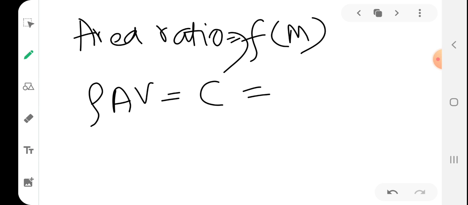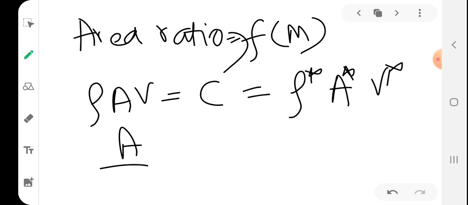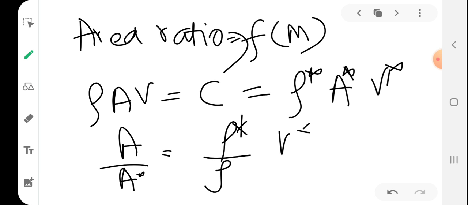So it can also be written as rho star into A star into V star, because rho AV is constant at any section. Here I have written it at the critical section, the property based on the critical section. So students, you can write A by A star equal to rho star by rho into V star by V.